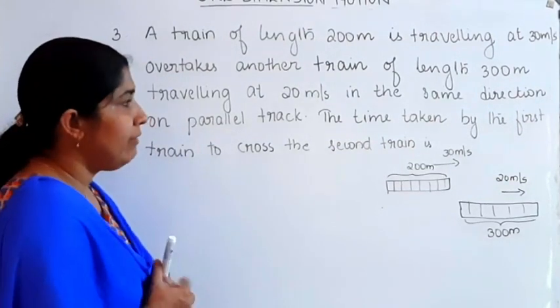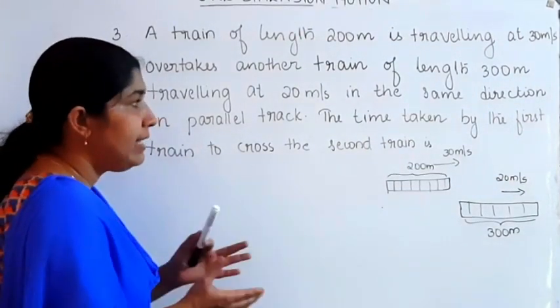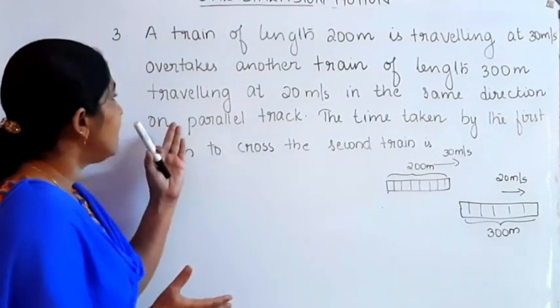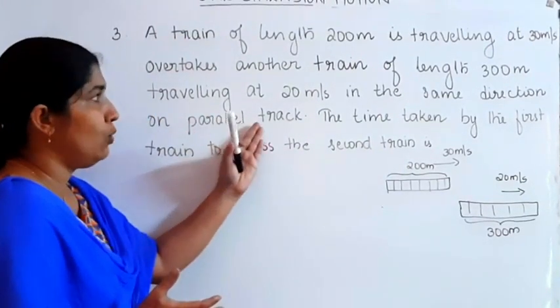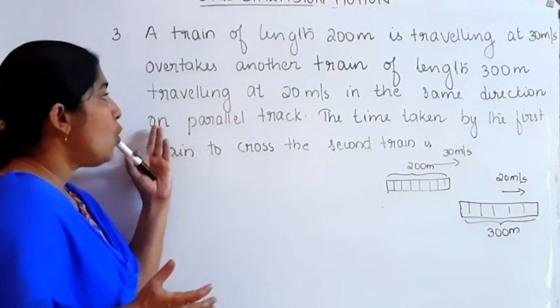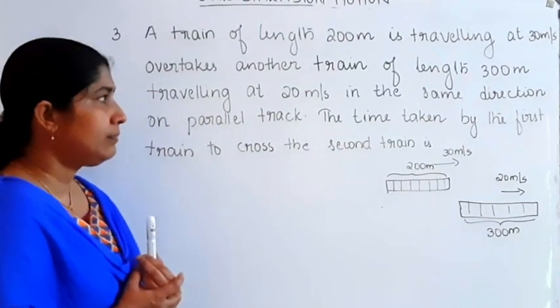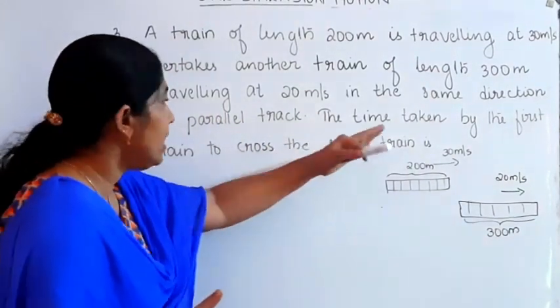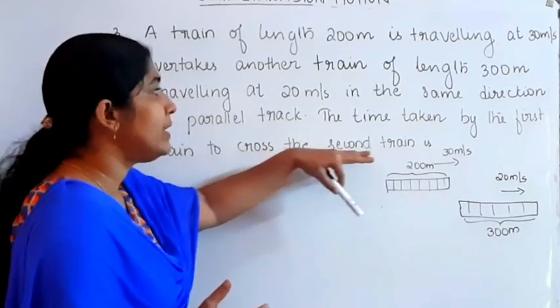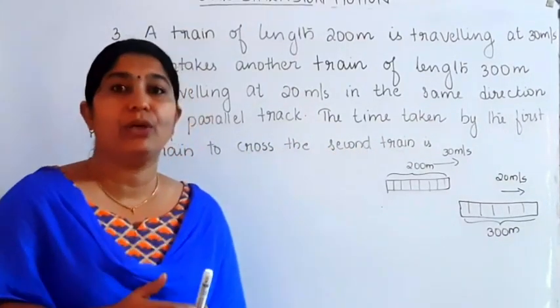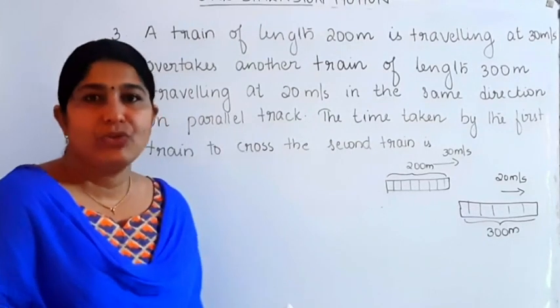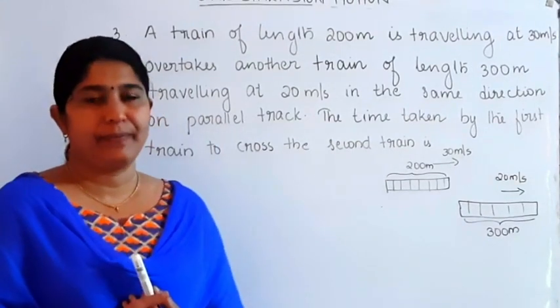Okay, that is given in the question. And these two trains are moving on parallel tracks, in the same direction. The time taken by the first train to cross the second train is... We want to find out the time taken by the first train to cross the second train.